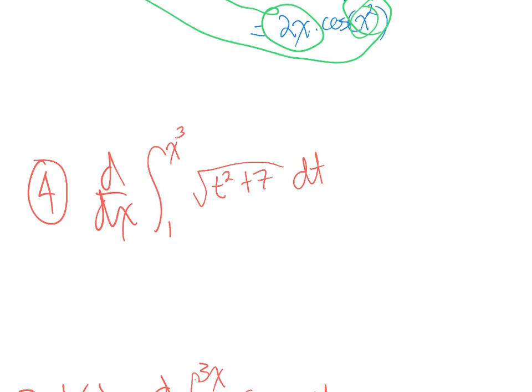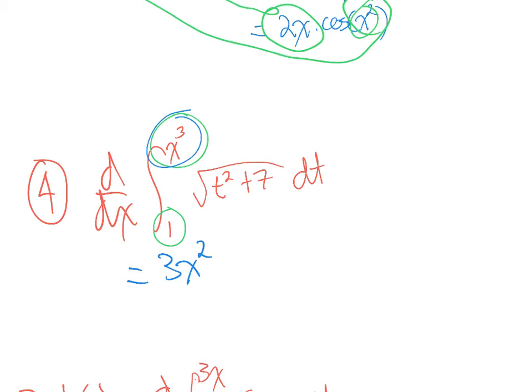So let's look at this one. This looks like it's really hard, but is it? So when I'm going between 1 and x cubed, I know by the chain rule, I'm going to have to do the derivative of x cubed. So this is going to equal 3x squared, right?